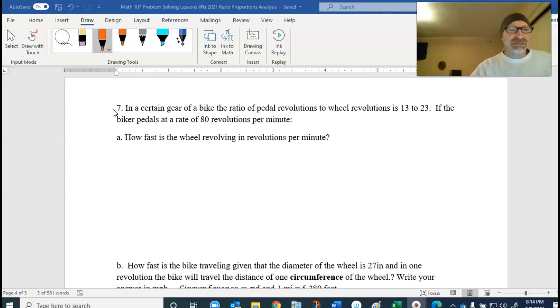So anyway, in a certain gear of a bike, the ratio of pedal revolutions to wheel revolutions is 13 to 23. I'm going to stop right there. Pedal revolutions to wheel revolutions, and it says it's 13 to 23.